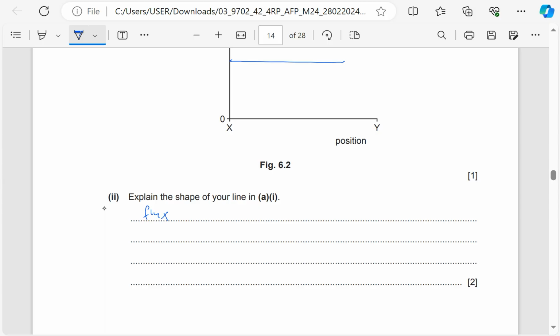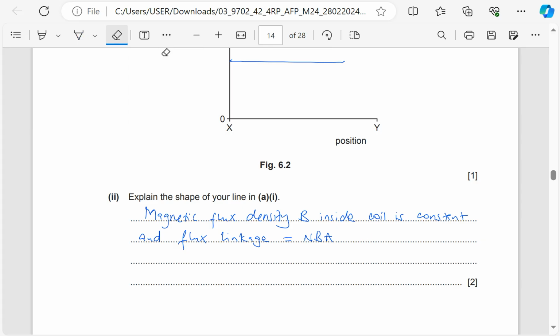Magnetic flux density B inside the solenoid is constant, or uniform, and flux linkage is equal to NBA.